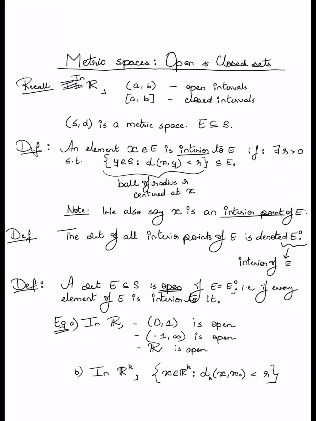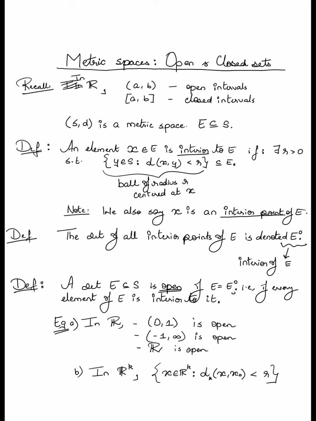If you have a set of this kind, it's a ball centered at x naught of radius r. More specifically, this is the set of all points in R^k which are at a distance of strictly less than r from x naught.